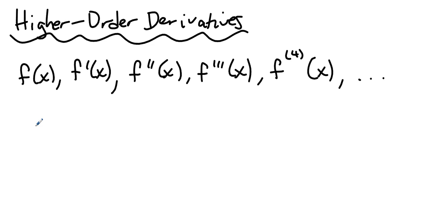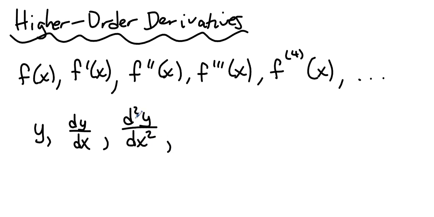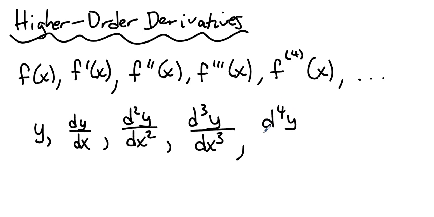In Leibniz's notation, if you start with some function y, then the derivative is dy dx, and the second derivative is written this way, where the power is on the d up here, and the power is on the x down there, and similarly for third derivatives and fourth derivatives, and so on.